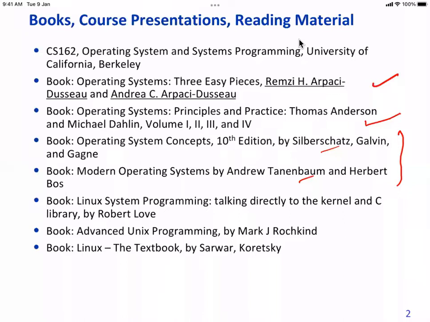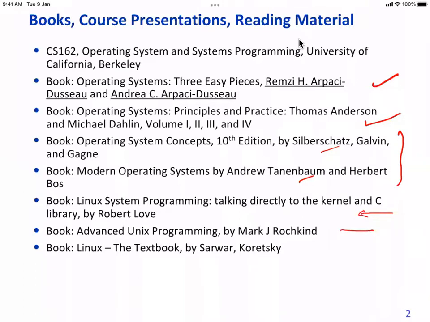Apart from that, we have used a book by Robert Love. This is the main book on Linux. He has written many books, and all are really good. And also we have used a book by Mark J. Rochkind or something like that.